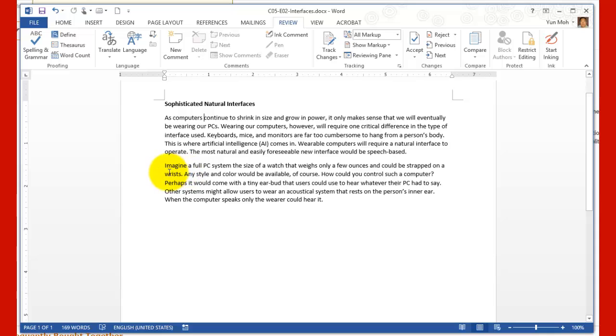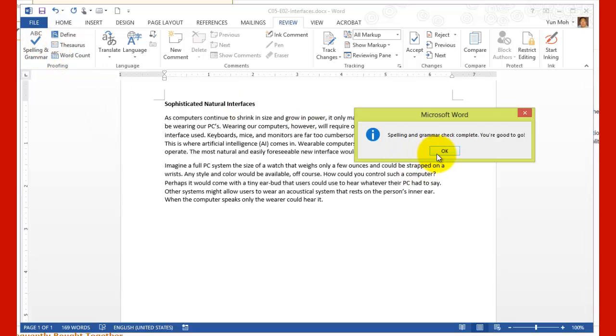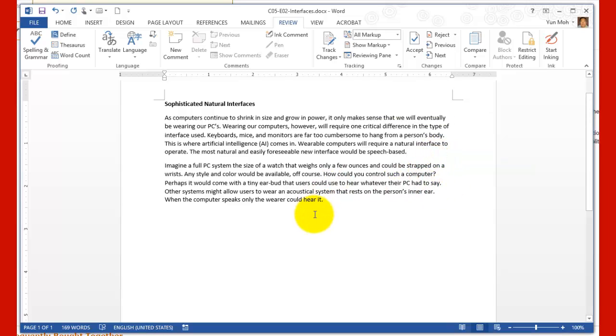Let me make an error here intentionally: "off", and PC with an apostrophe. If you had the insertion point blinking somewhere in the middle and you click the spell check or grammar check, here's a good example.